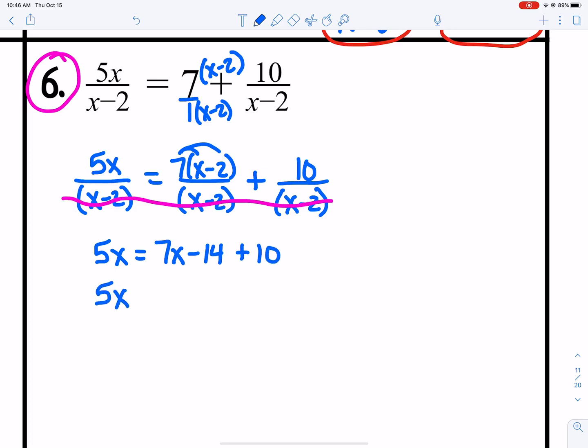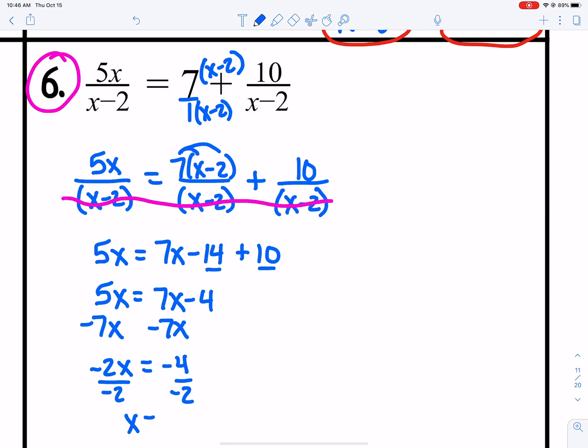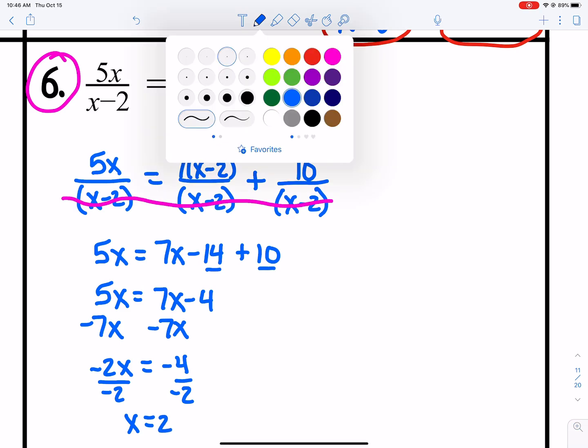So let's say 5x equals 7x, and then negative 14 plus 10 is negative 4. And then I'm going to subtract 7x because I don't want to end up with nothing on the left. So in that case, I'm going to get negative 2x equals negative 4, and then finish up by dividing by negative 2. So I get x equals 2.